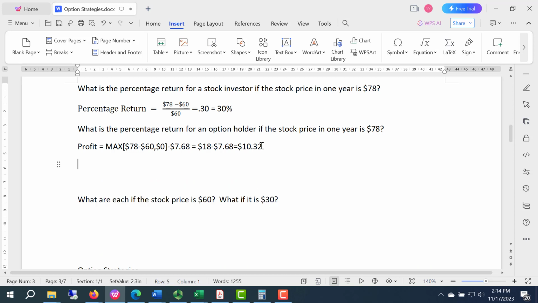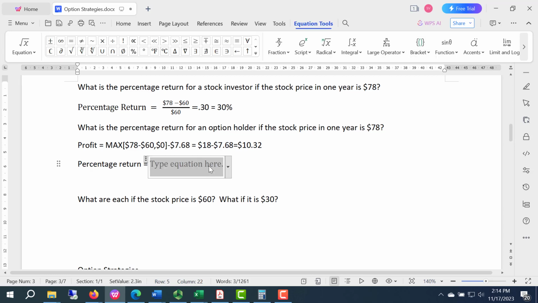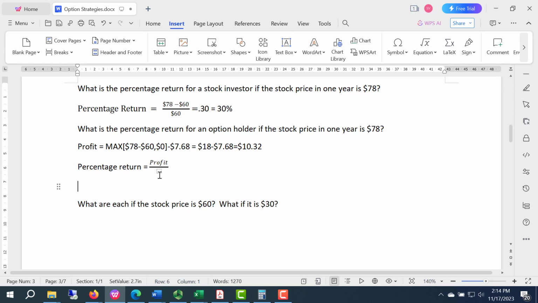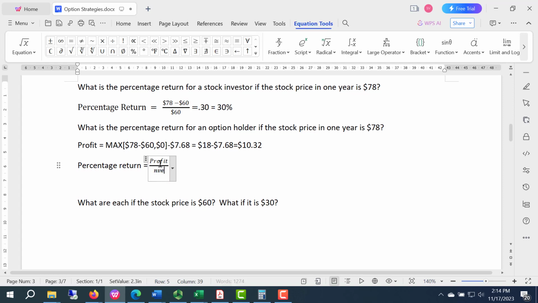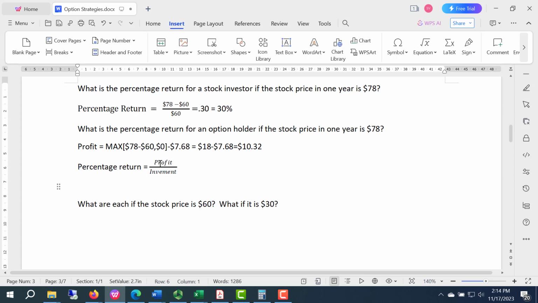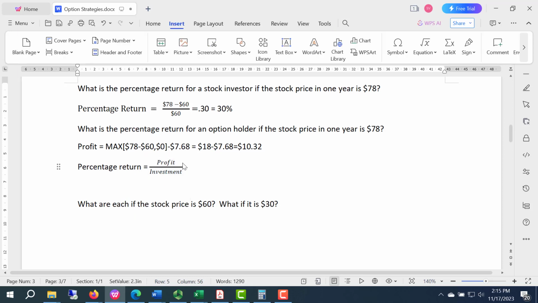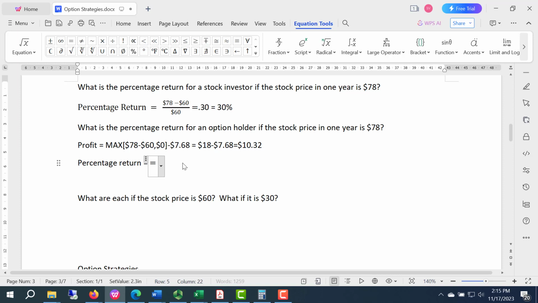And then our percentage return is going to be equal to that profit divided by our investment. Sorry about that.